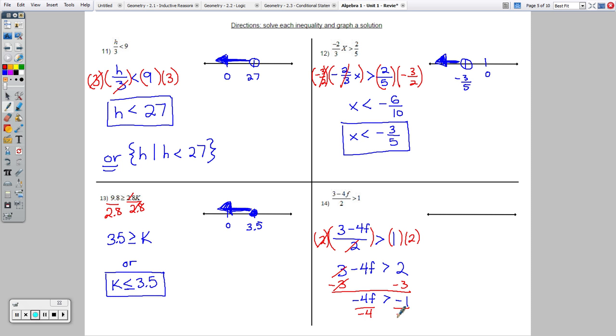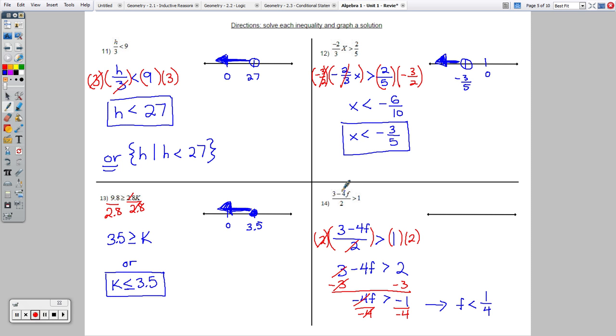So divide by -4, divide by -4. The -4's cancel, and I'll write my final answer over here. We divided by a negative, so we flip the sign. Negative divided by a negative is positive. 1 divided by 4 would just be 1/4.